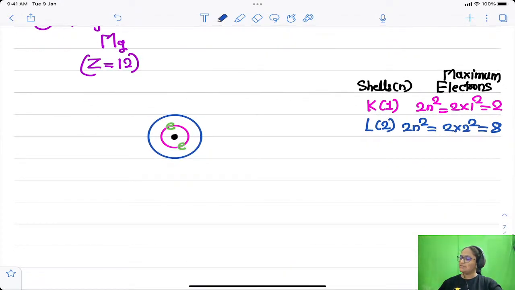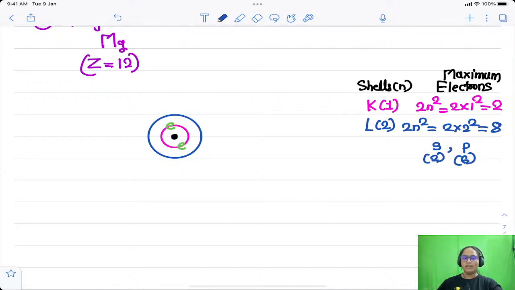In the L shell, out of 8 electrons, 2 are filled in the s orbital and 6 electrons in the p orbital. Here in the circle I will show all of them together: 1, 2, 3, 4, 5, 6, 7 and 8. So these are the 8 electrons present in the L shell.